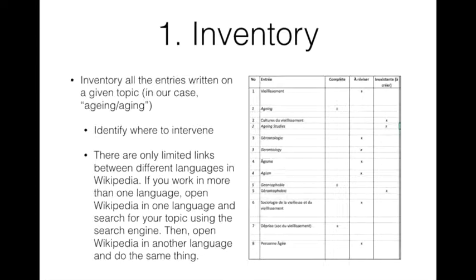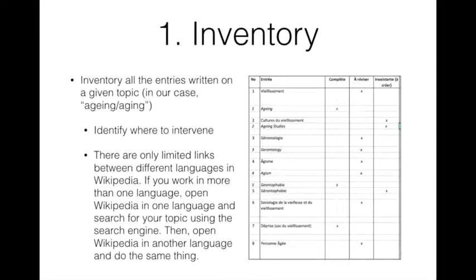So identifying this, we were able to identify where to intervene. This means which entries we could modify and what were the bigger gaps, so where we had to create entirely new entries.